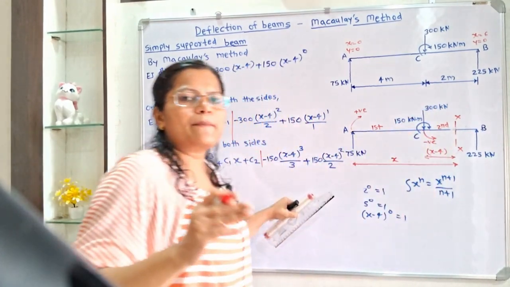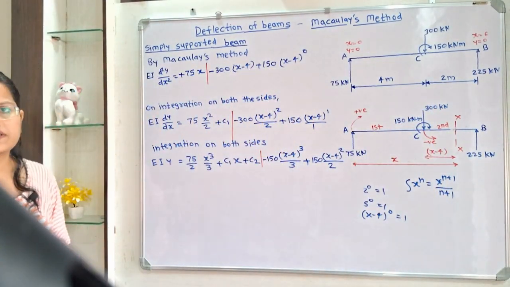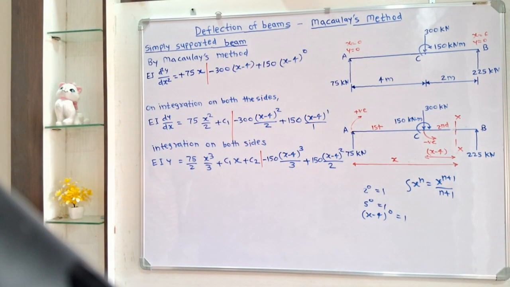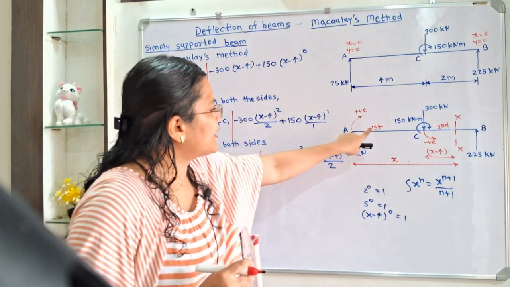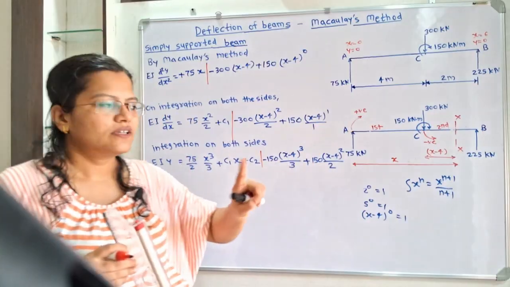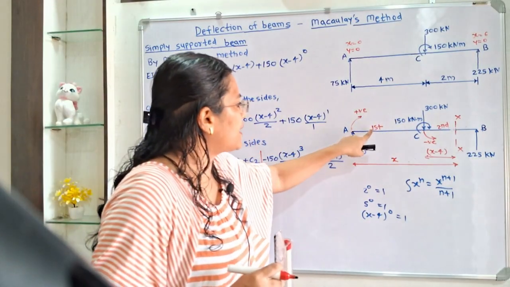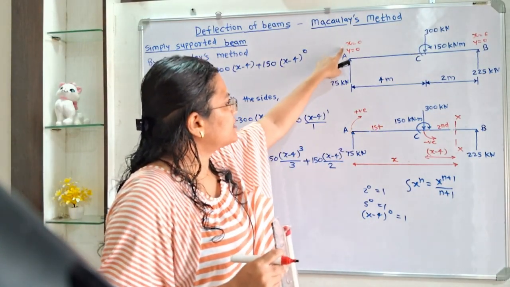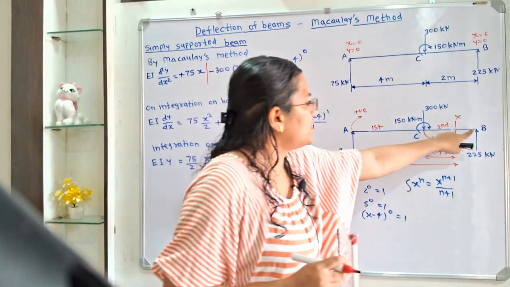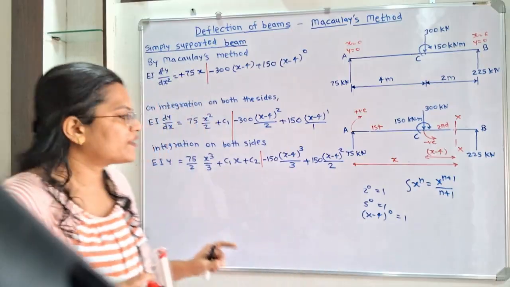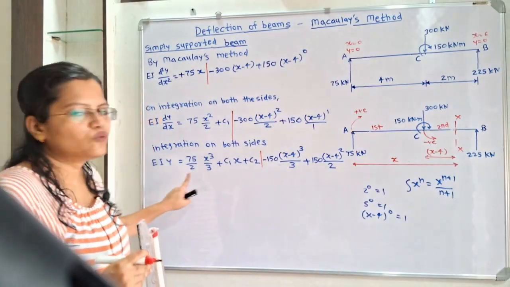Now we have to apply these boundary conditions. If we observe this diagram, at point A we have to consider only the first part, and point B is in the second part. So we have to consider both parts.